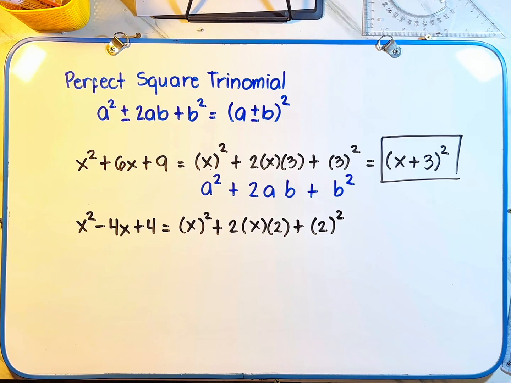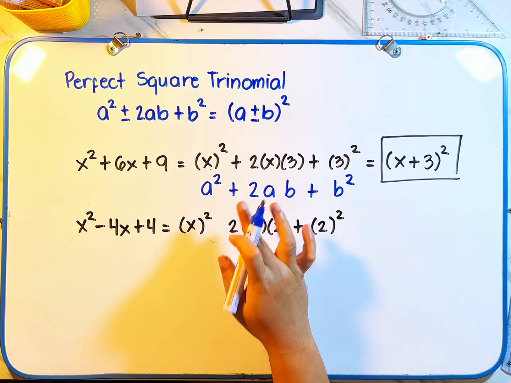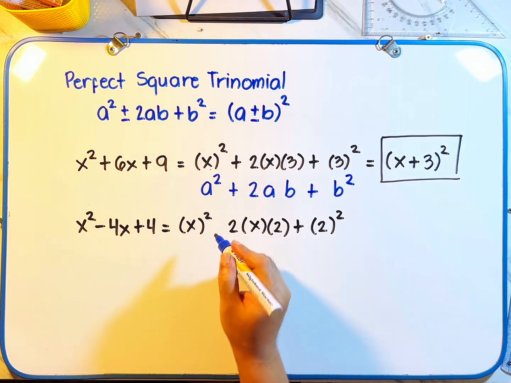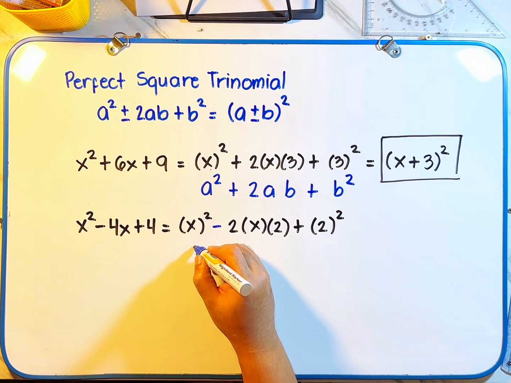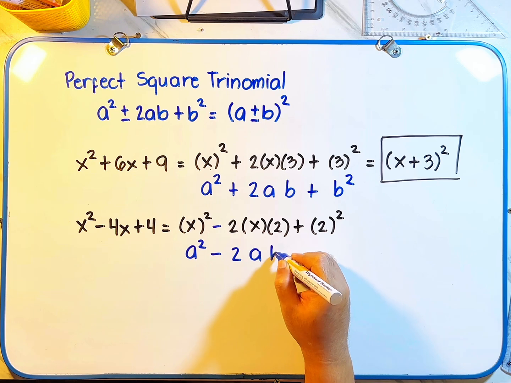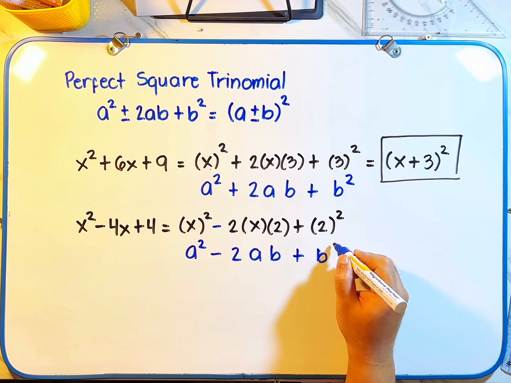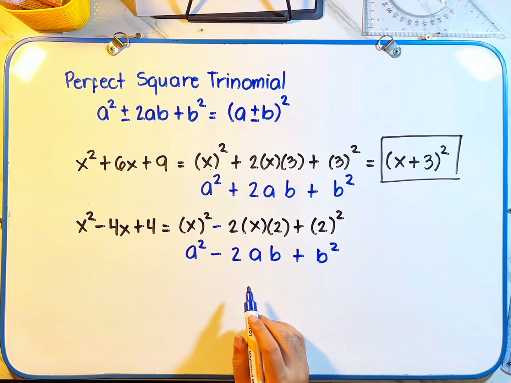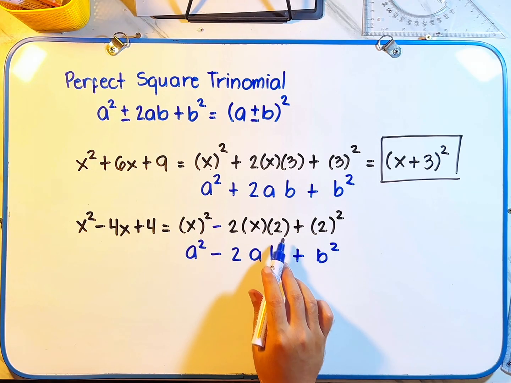Again, this is in the form of, okay, sorry, this is not plus, this is minus because we have a minus here. So this is in the form of a squared minus 2ab plus b squared. Our a is x, while our b is 2.